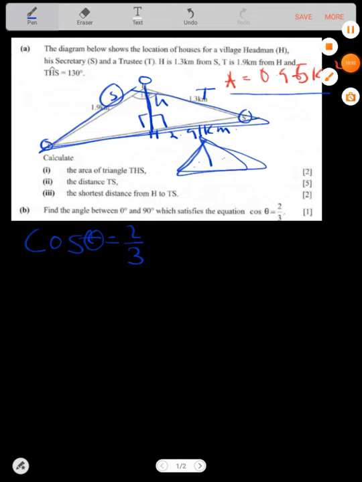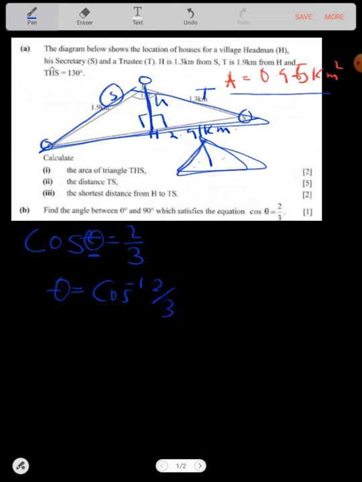So this one says find the angle between 0 and 90 which satisfies the equation. Okay, so this is the equation that we have. So we need to find this angle first. Now to find this angle, we say theta is equal to cos inverse of 2 over 3.